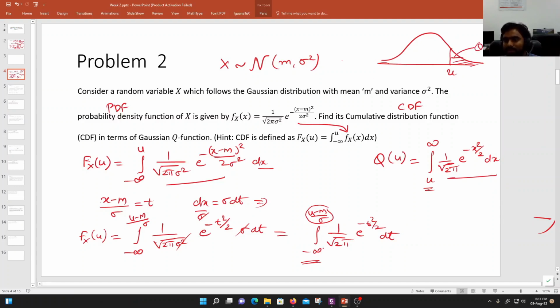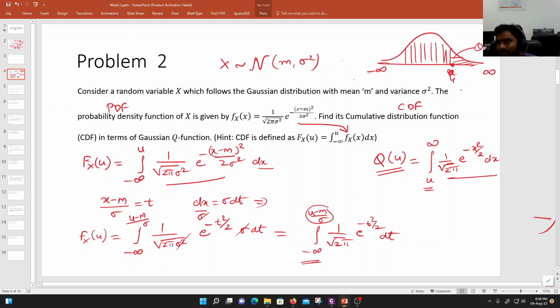But this integral is from minus infinity to some limit, u minus m by sigma, let's say gamma. So we obtained the integral from minus infinity to gamma, but we have to find it in terms of the Q function. The Q function is defined from this limit to infinity. So what we can do is integrate from minus infinity to infinity and subtract this Q function.